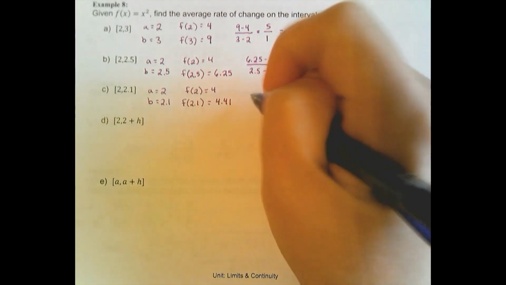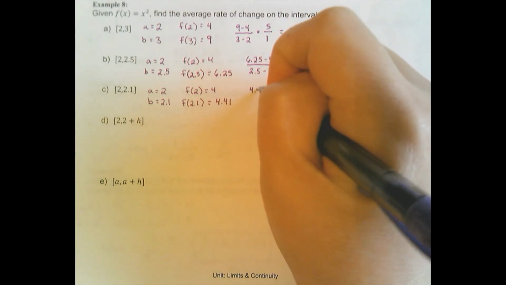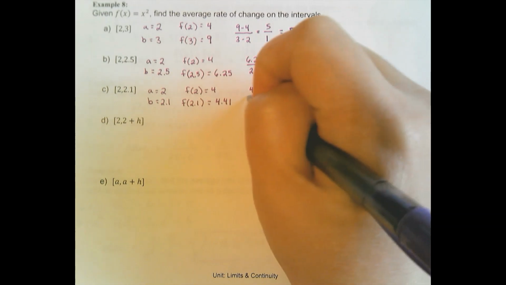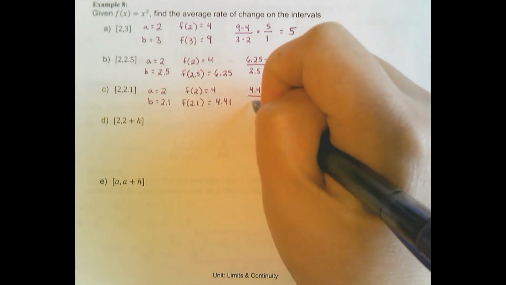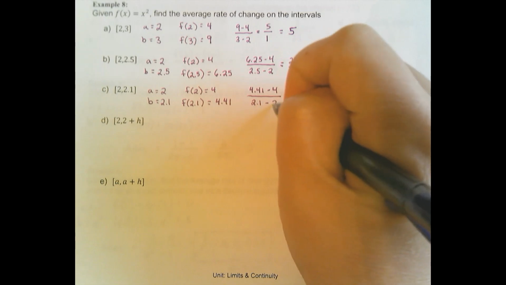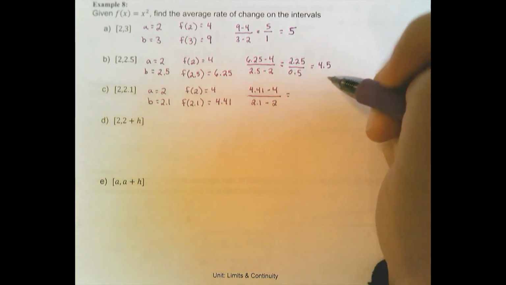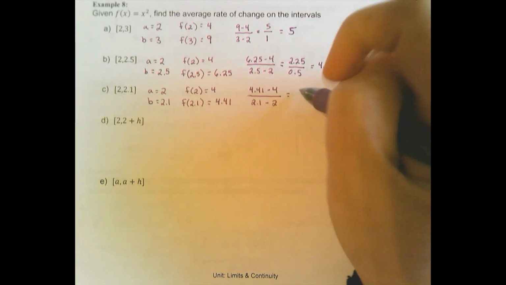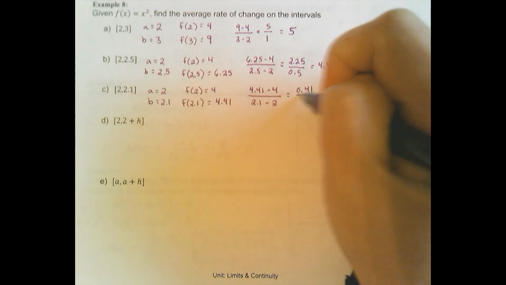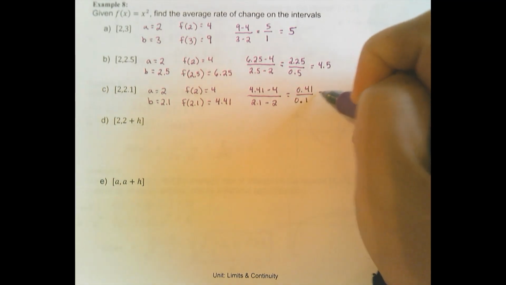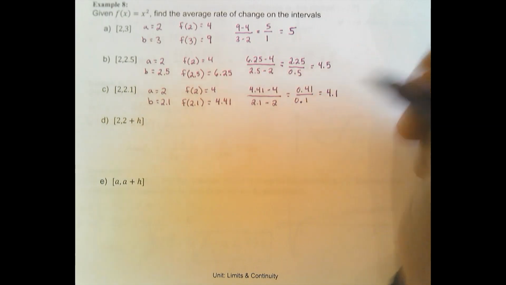So our difference quotient now would read 4.41 subtract 4 over 2.1 subtract 2. That gives us 0.41 on top and 0.1 on bottom, which is 4.1.